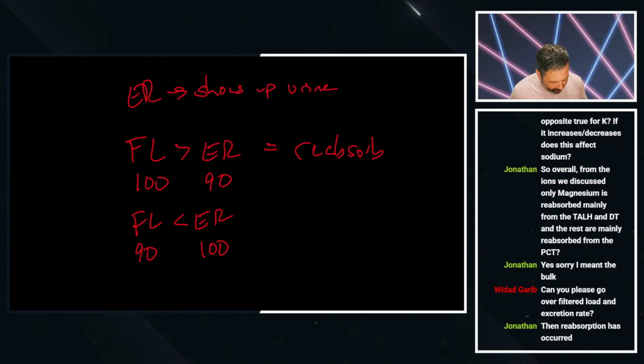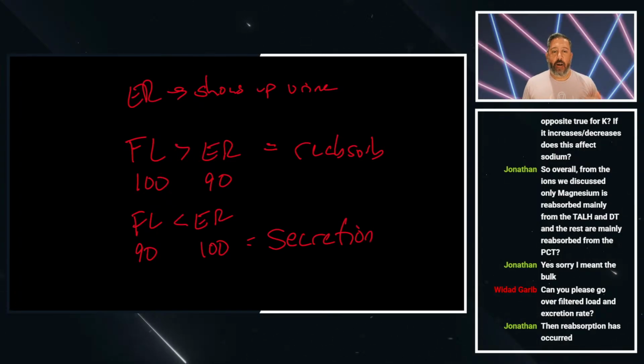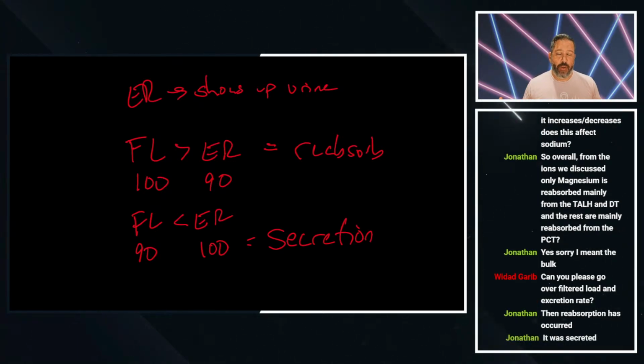We had to have secretion of that ion or whatever it is. Remember, secretion is anything that's being dumped into the tubular fluid outside the Bowman's capsule. So if we're peeing out 100 units of something and we only loaded in 90, more of it had to get dumped in there. So there had to have been secretion somewhere along the way.